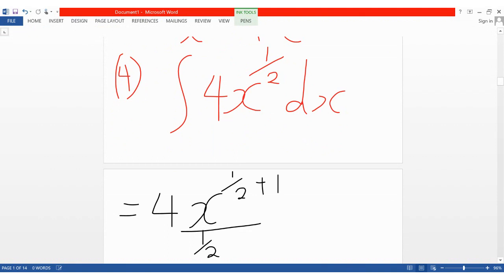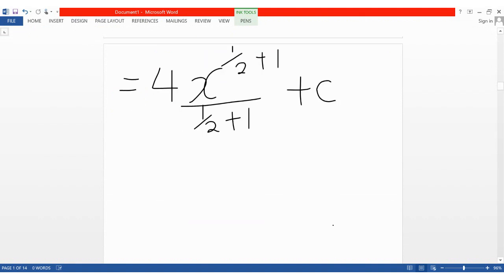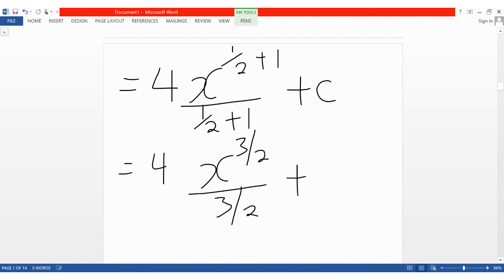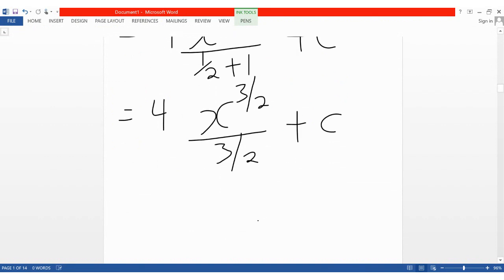So a half plus 1 is 3 over 2. So 4x to the power 3 over 2 all over 3 over 2 plus c. Now this 3 over 2 can come up, we can divide. So check this out, 4 divided by 3 over 2 is the same as 4 times 2 over 3, the same as 8 over 3.